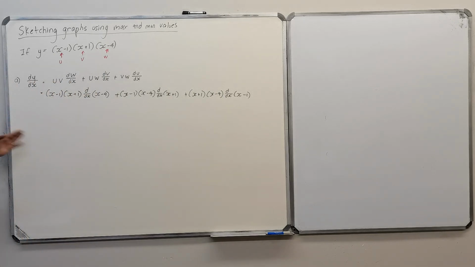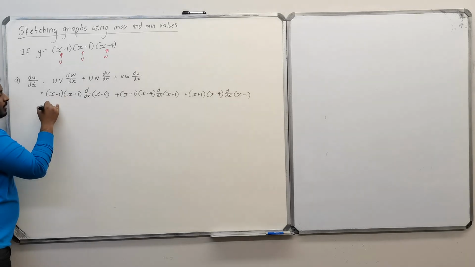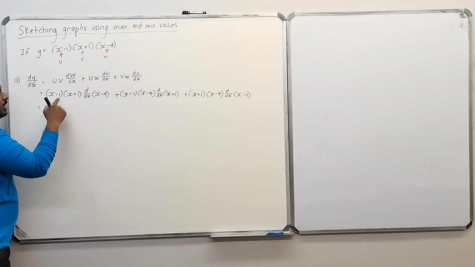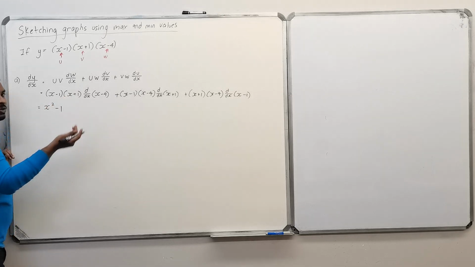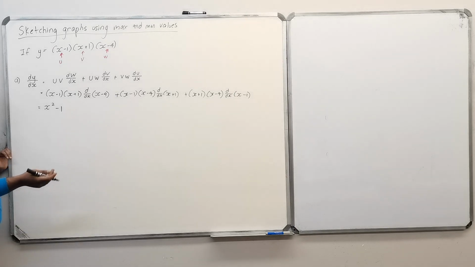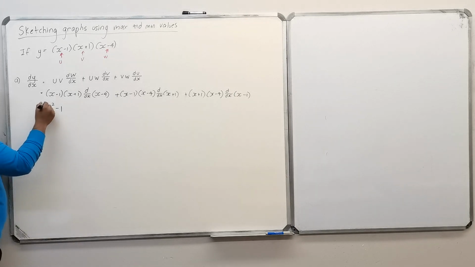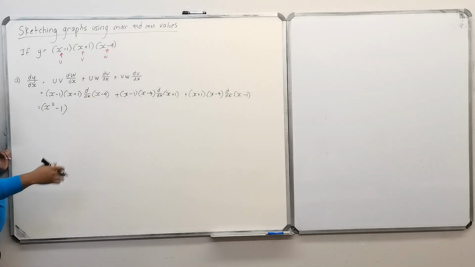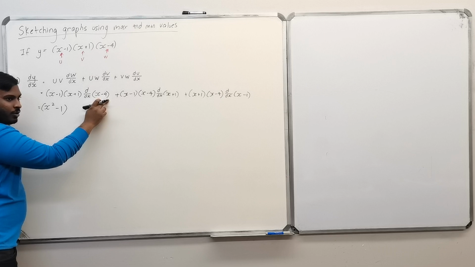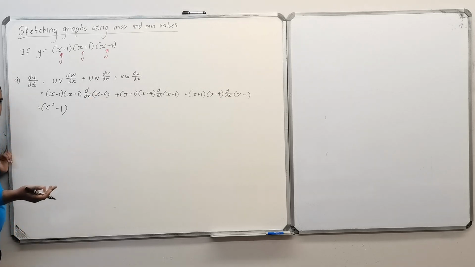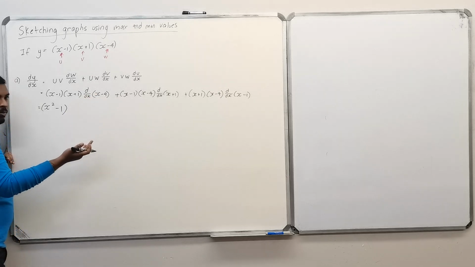Now we just need to work it out. x times x is x squared. The plus 1 and minus 1 cancel the middle term, so you're left with minus 1 squared, which is minus 1. You're with me, right? The derivative of x minus 4 is what? You'll derive x and you'll derive minus 4. The constant will become 0 and the x becomes 1.